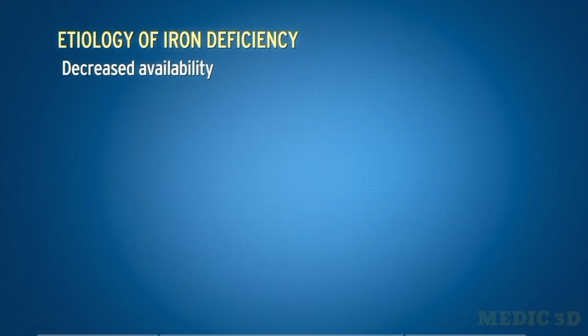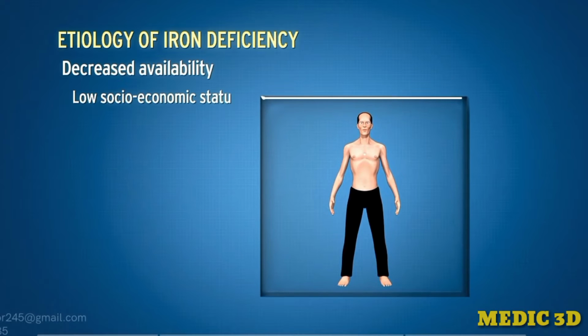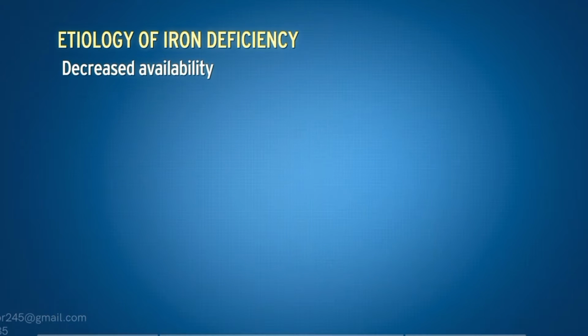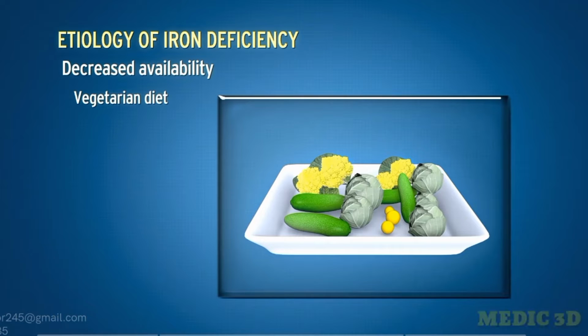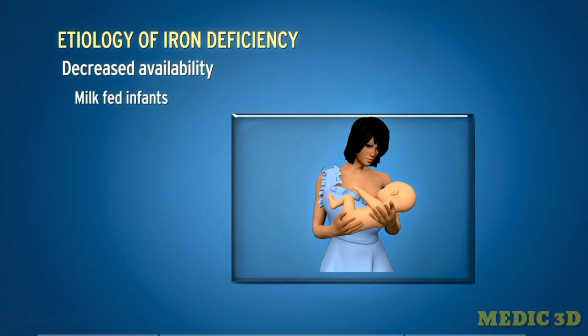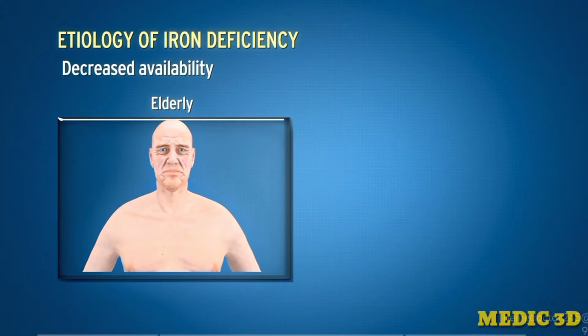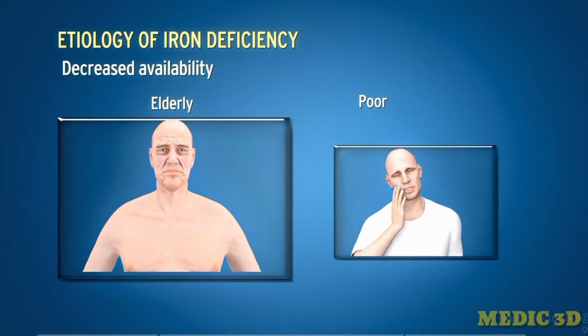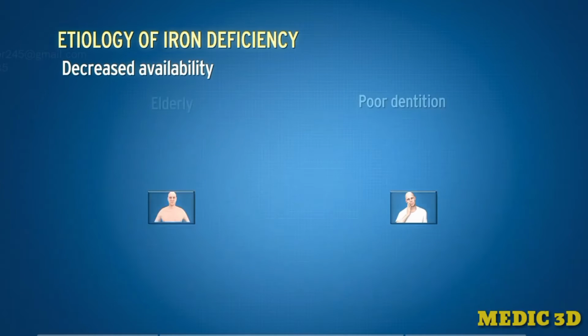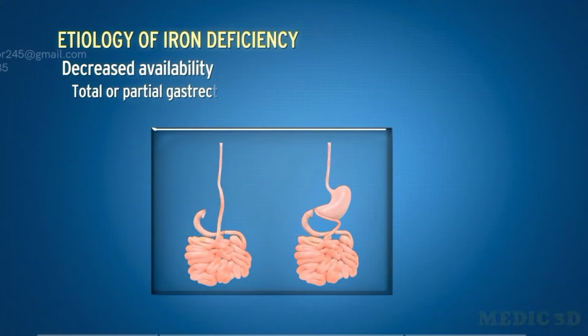Decreased availability: low socio-economic status, vegetarian diet, milk-fed infants, as breast milk has low iron content, elderly, improper diet, poor dentition, total or partial gastrectomy, leading to lack of gastric acidity and decreased transit time through duodenum.